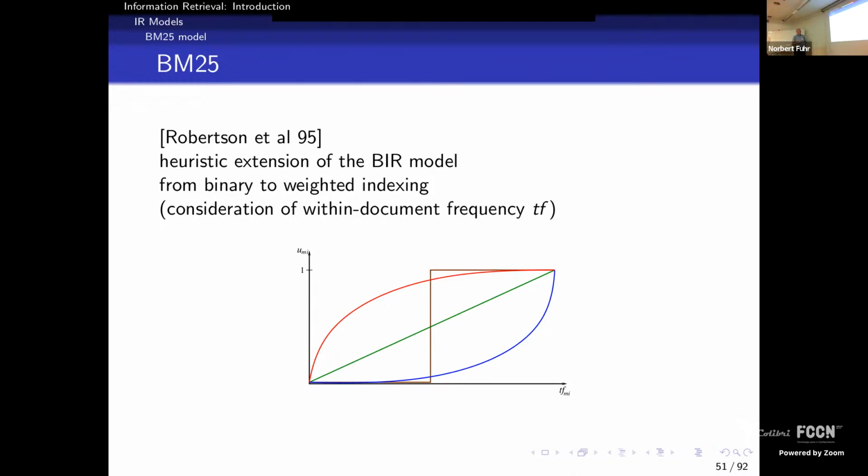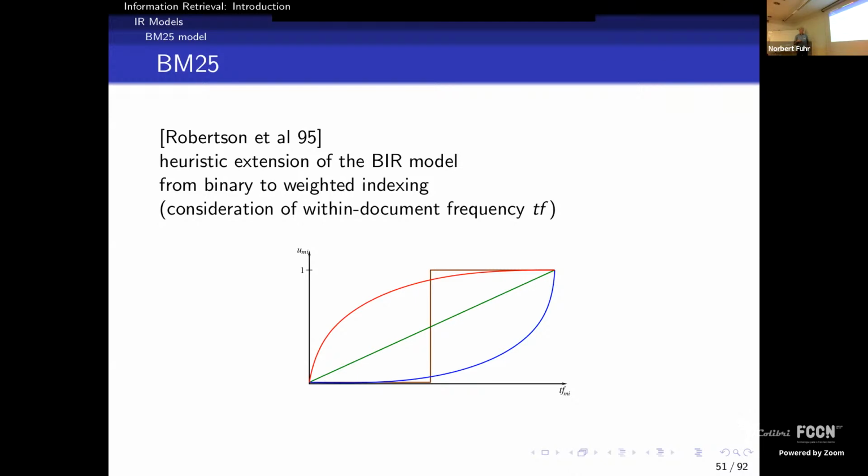Okay, so the idea was now how can we consider within-document frequency? Let's assume here we have our term frequency, and here we have the term weight. Before, we had just binary weighting: with 0, we are here, and if it's 1, then we are here. So we just have a stepwise function. Now we want to consider something that increases monotonically with within-document frequency.